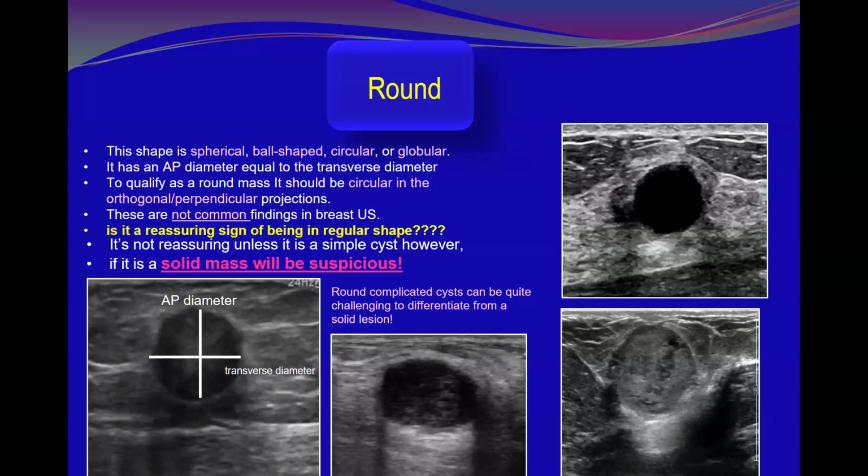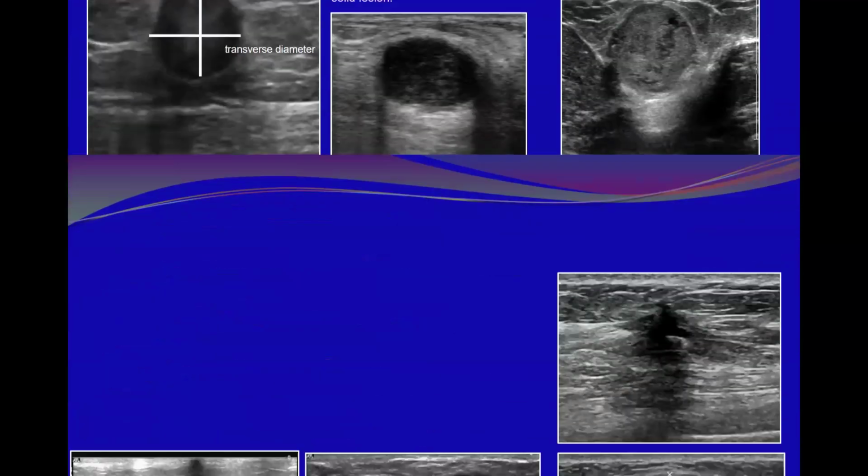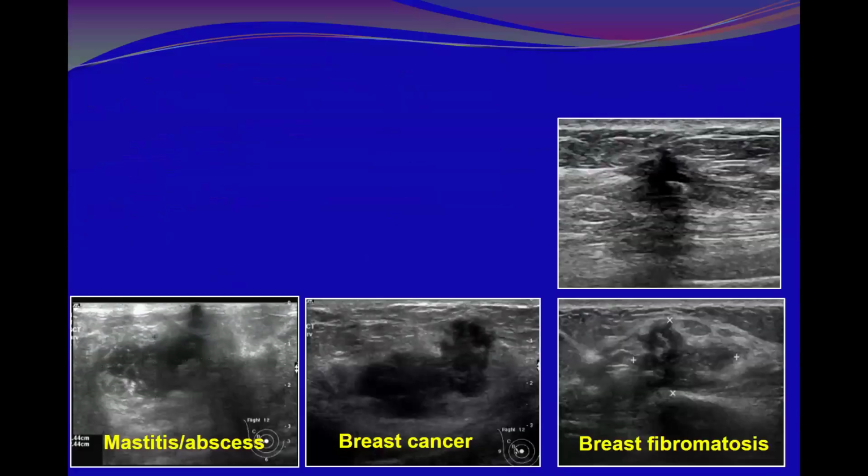So it is not reassuring, as we said, unless it is a simple cyst. If it is a rounded simple cyst, then it will be reassuring. Otherwise, we have to consider it a suspicious finding if it is soft tissue. Okay.